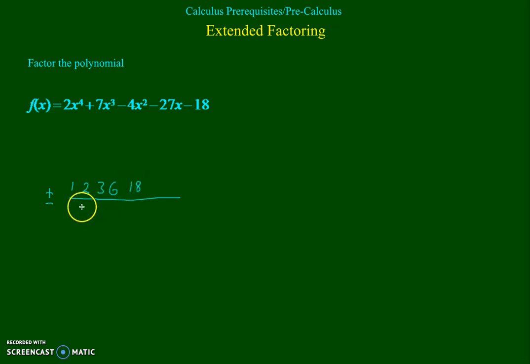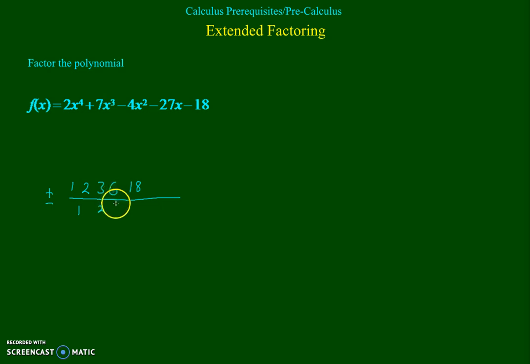And then factors of 2 are going to be 1 and 2. Now what this tells us is we could have a factor of 3 halves. So this is an interesting little aside. It doesn't necessarily mean it's going to have a factor of 3 halves, but that's a possibility here because of the way the rational zero test came out.